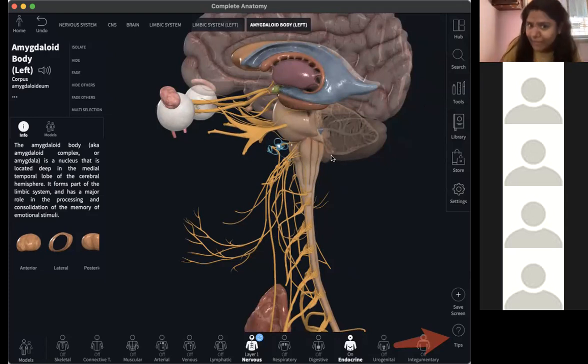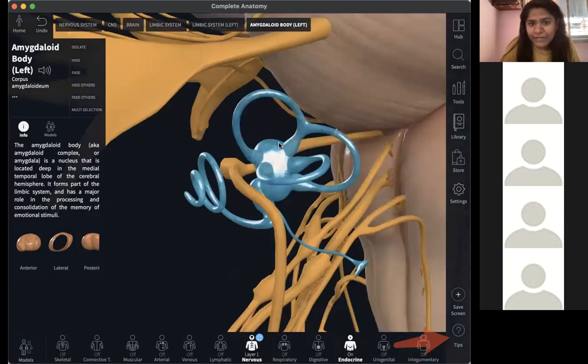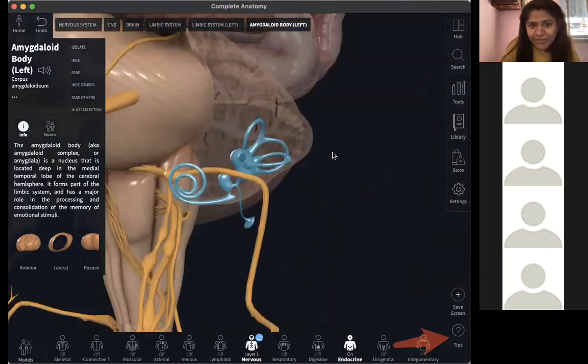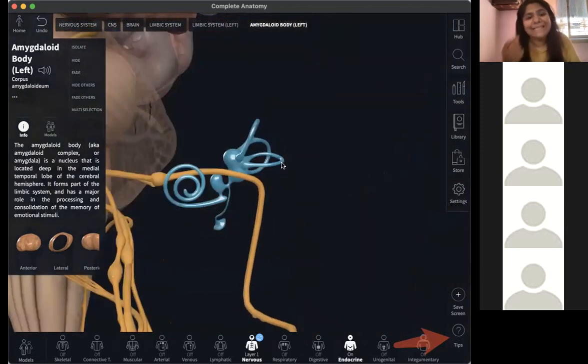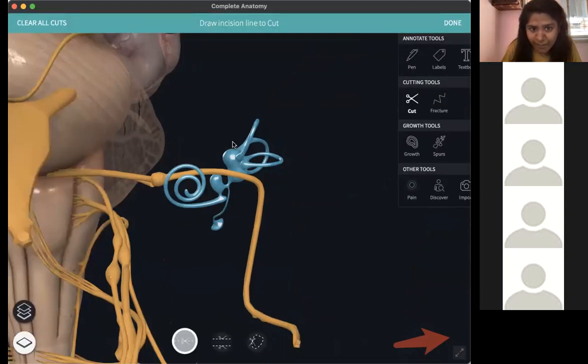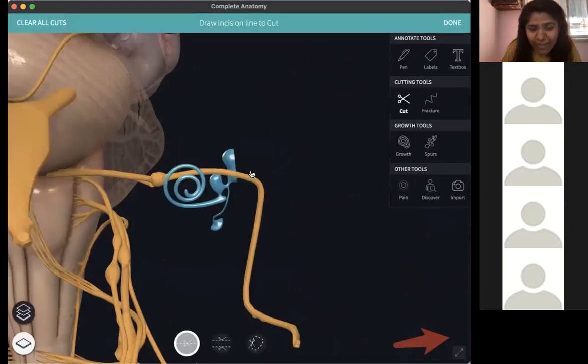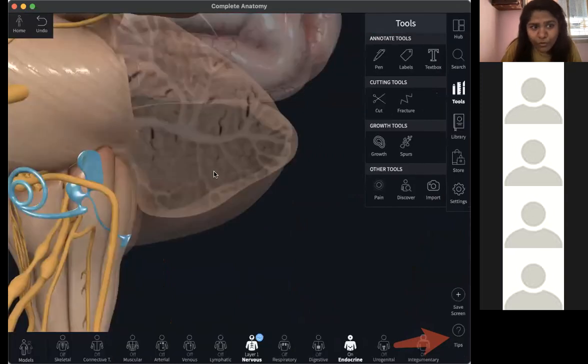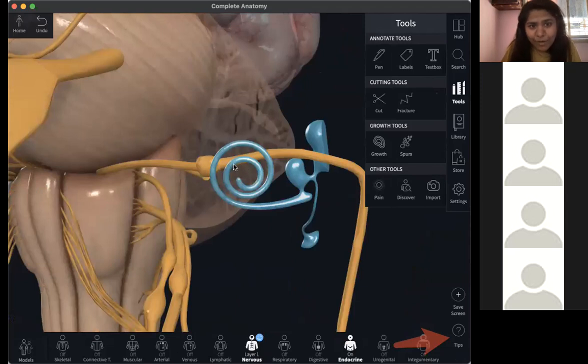This small blue structure that you see over here is called the cochlea, and it is present in each of your inner ears. This is the only part that is responsible for you to hear things properly.